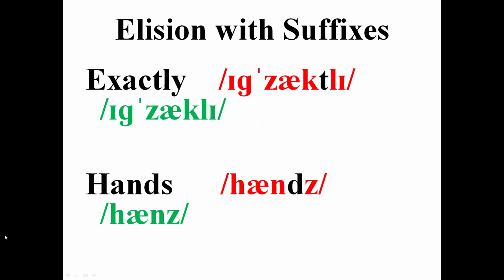It can also happen inside words when new endings are added or when two words join together. When suffixes like ly, s, ed are added, some sounds may disappear to make pronunciation easier. Take the example of exactly: it is exact, and then ly is added.